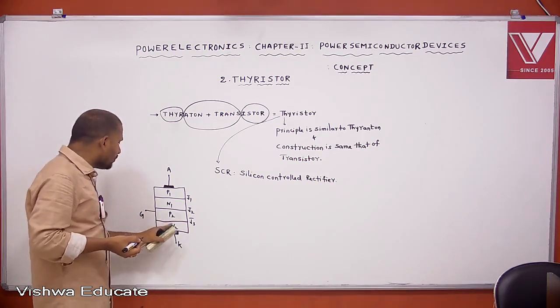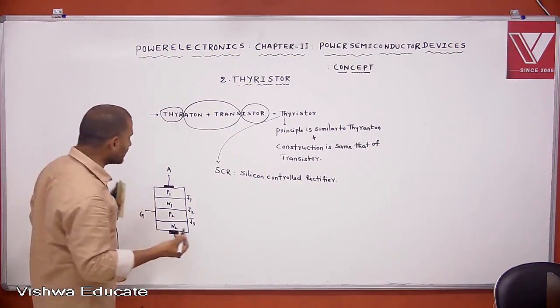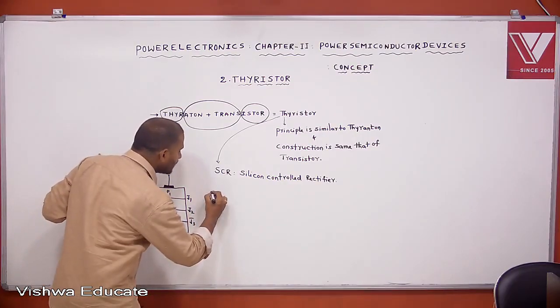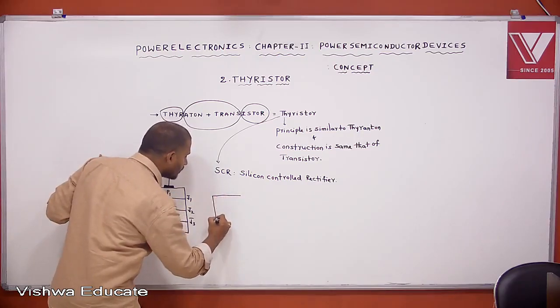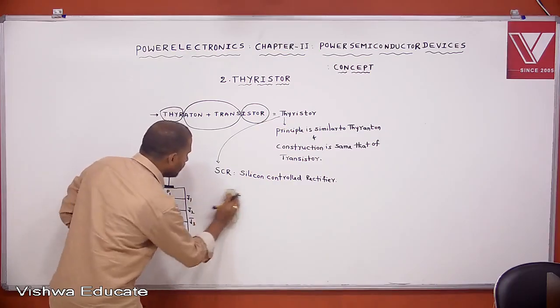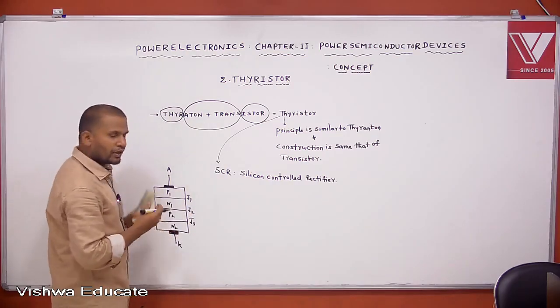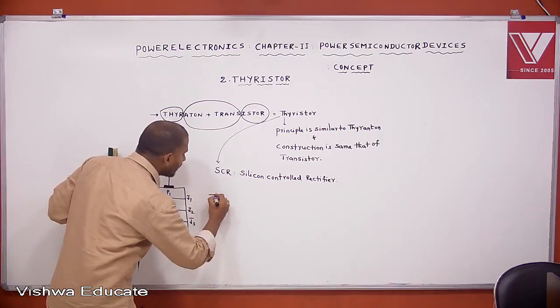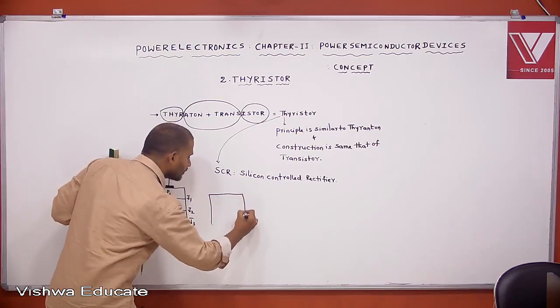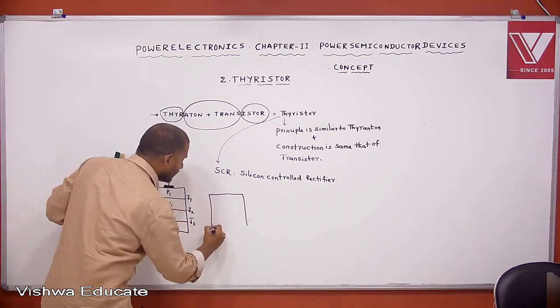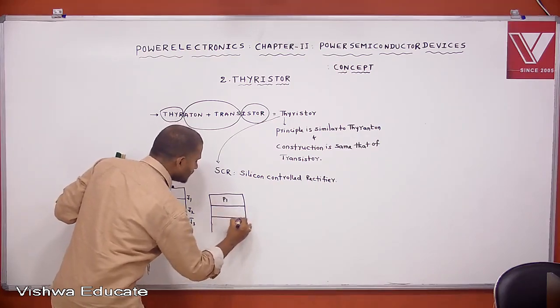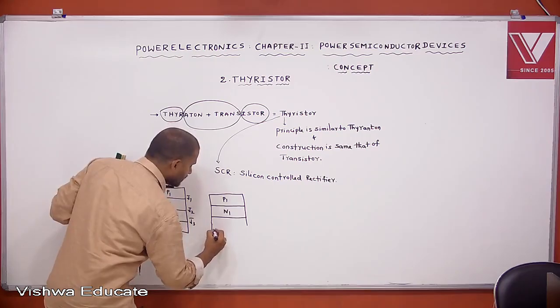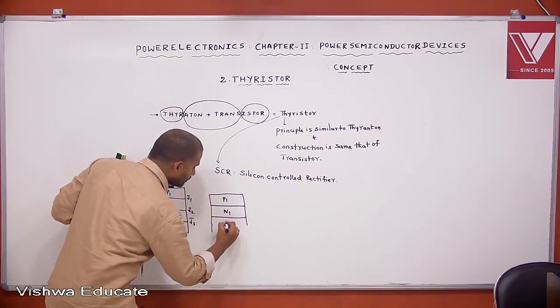The construction of gate and cathode is also represented like this. This is the actual placement of cathode and gate. This is P1, this is N1, and this is P2.